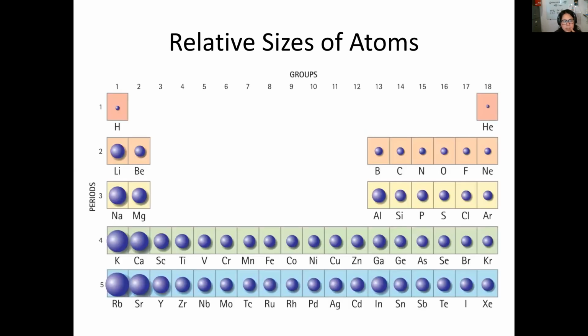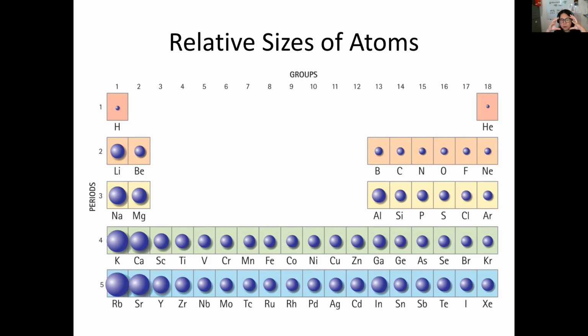Okay, so these are the relative sizes of atoms. Moving from hydrogen to helium on the top row, you see the size shrinks from left to right. But then if you go down to the second row, from helium to lithium, the size increases, because now you move from the first shell to the second shell.